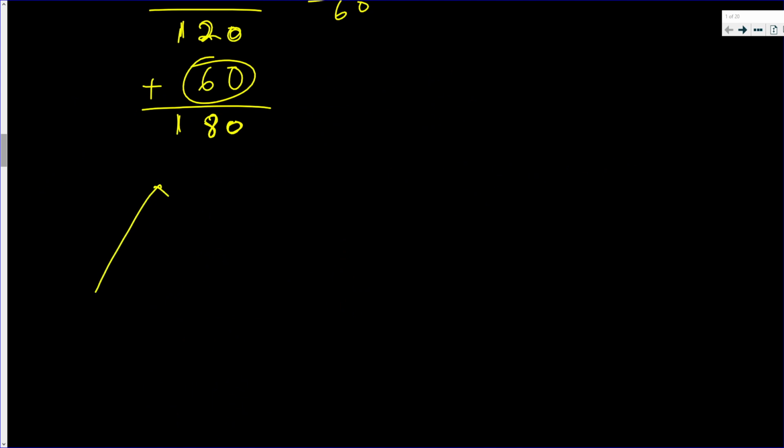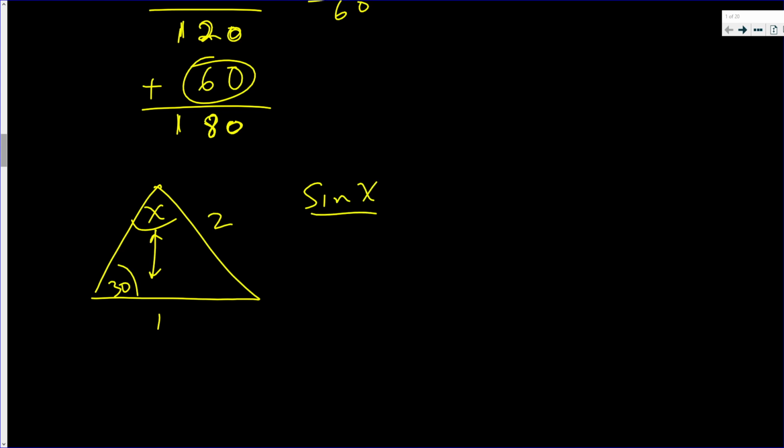Suppose you have this triangle. This is angle x, this is 2, this is 30, and this is 1. Okay. So you have that pair with one unknown x, which is good because you want to find x, sine of x over 1, and then you have that pair where you have everything.